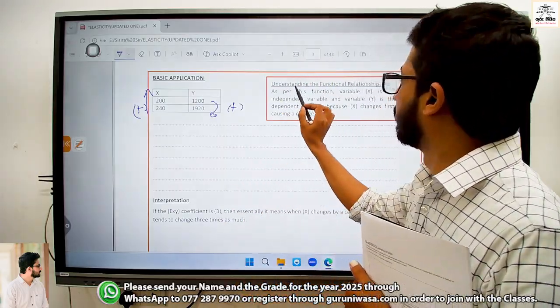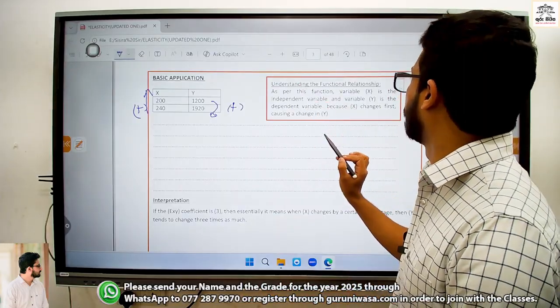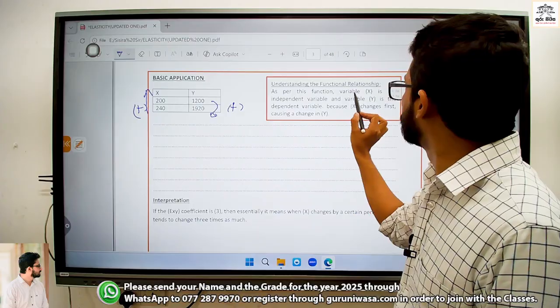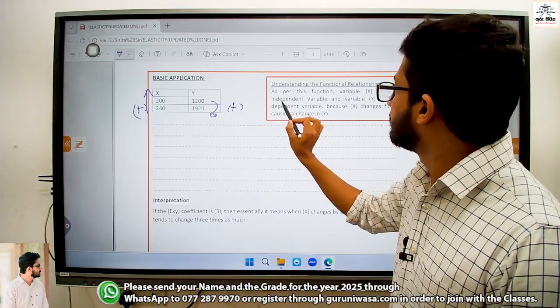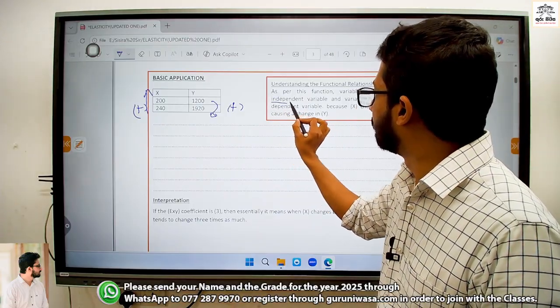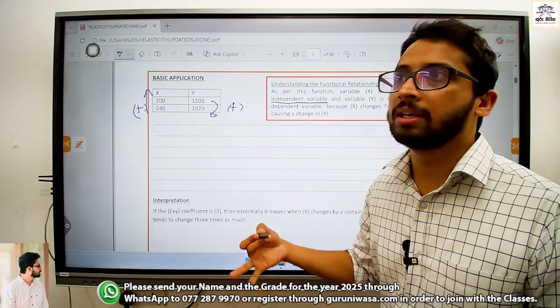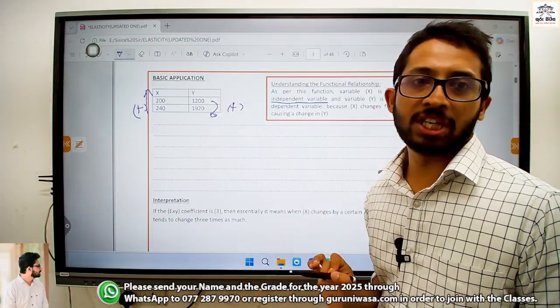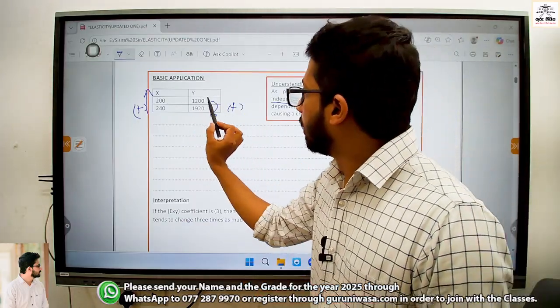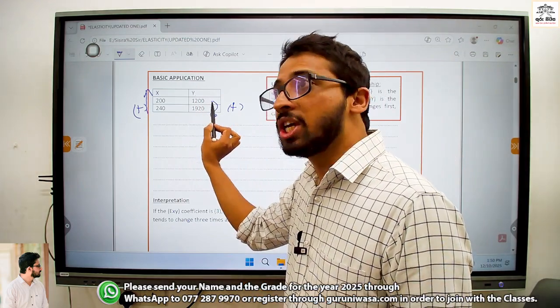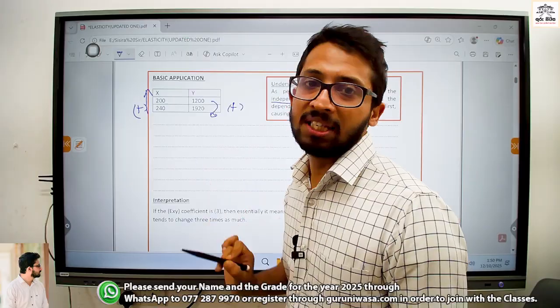Read the point. Understanding the functional relationship: as per this function, variable x is the independent variable because x changes first, then y changes. Y is changed by the change in x.